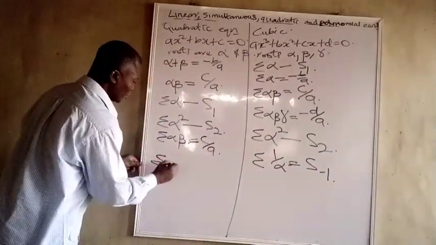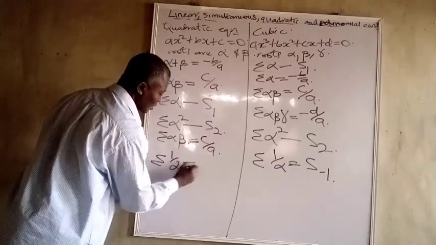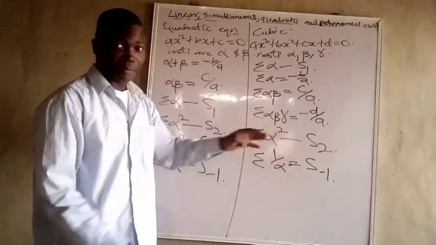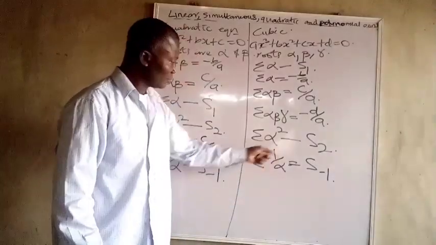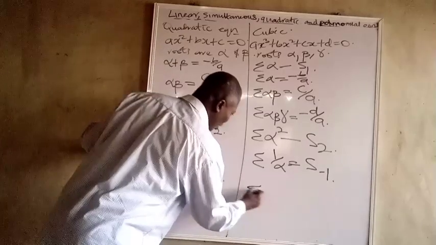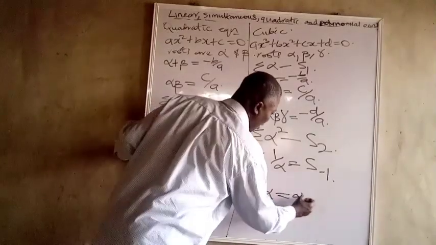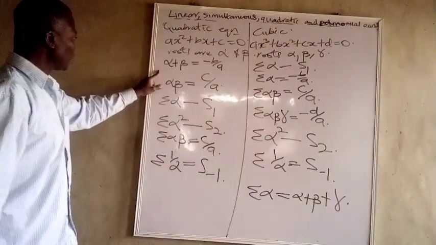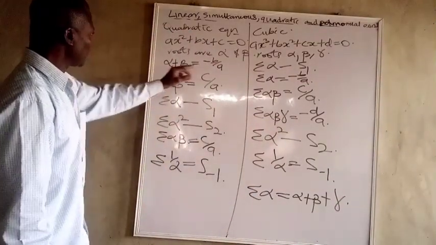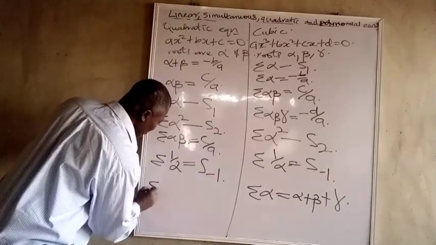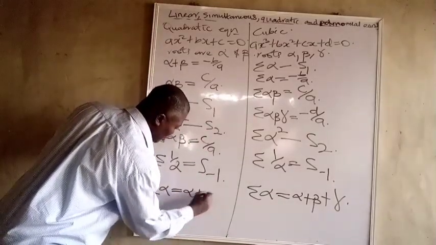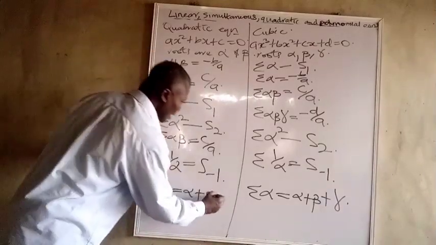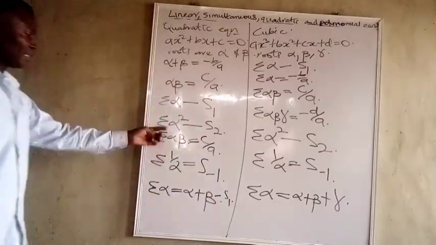Please, this S is about the sum of alpha, not the pairs, not anything. In all instances for this cubic, it is alpha plus beta plus gamma. For the quadratic, it is alpha plus beta. Please take notes. And you can also say this as S1.